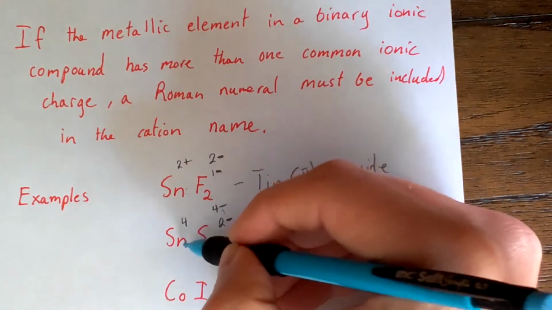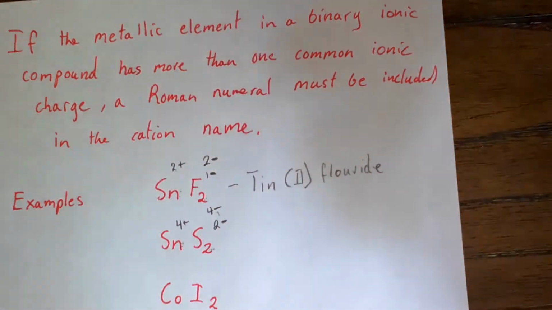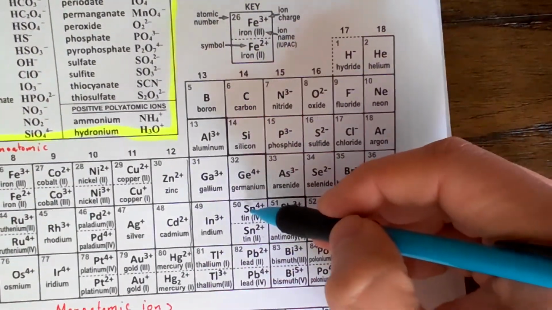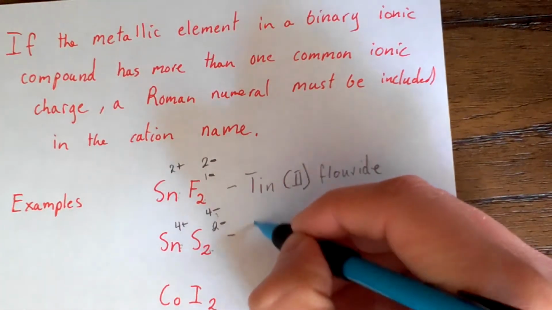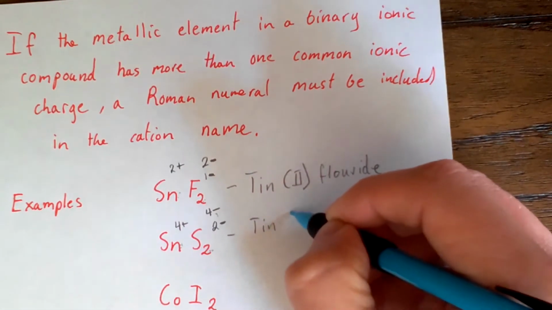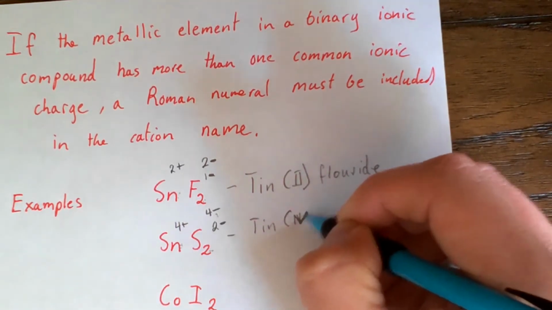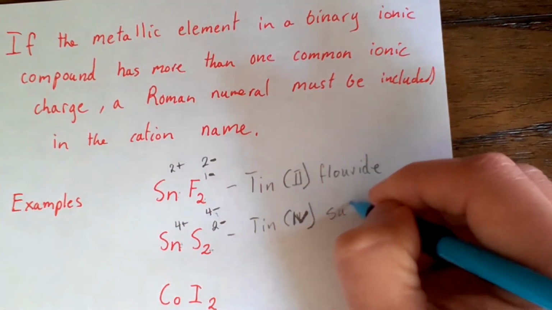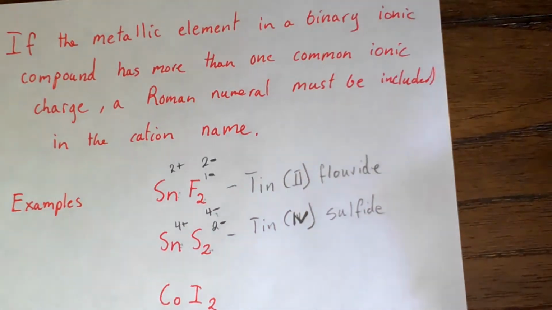Since it's just 1 tin, this tin has to be a 4+ charge. So what do you call tin that has lost 4 valence electrons? Tin 4. So this is going to be tin Roman numeral 4 sulfide. This is how you write Roman numeral 4.